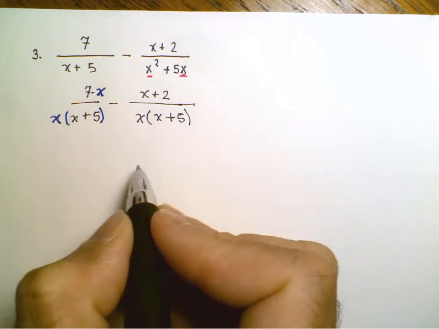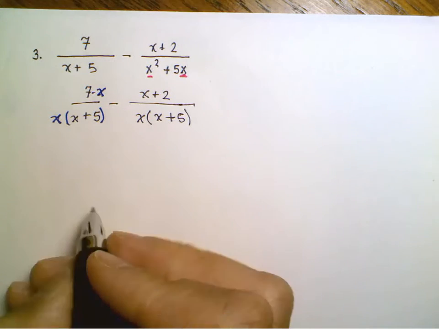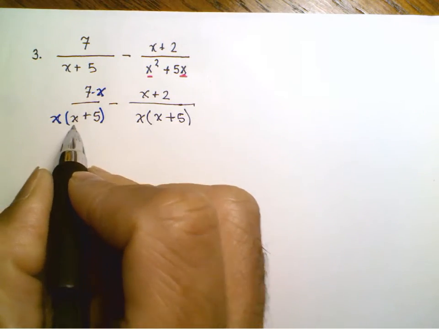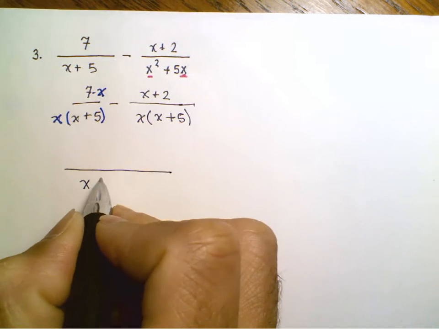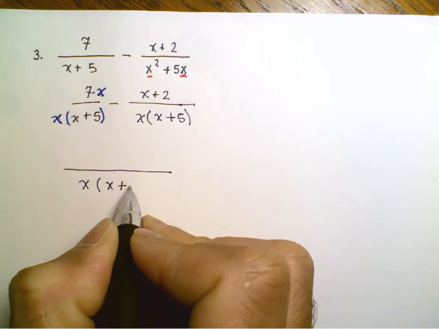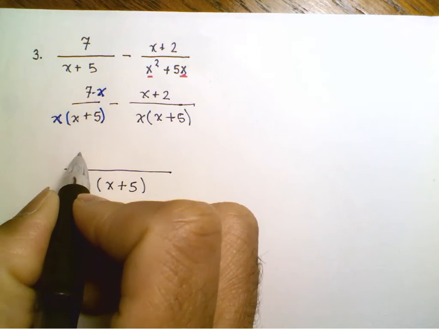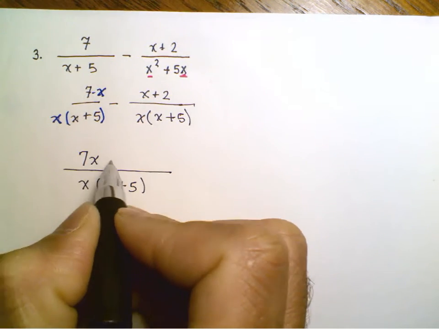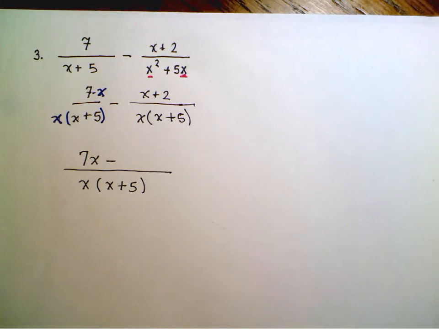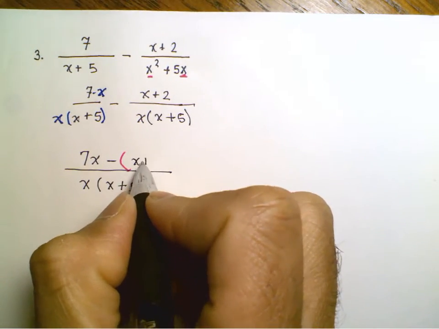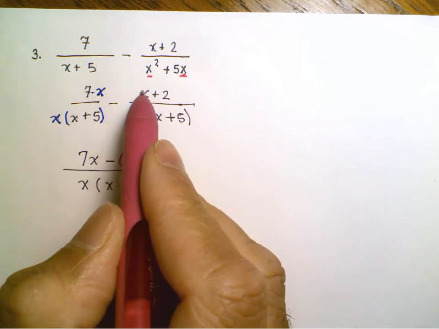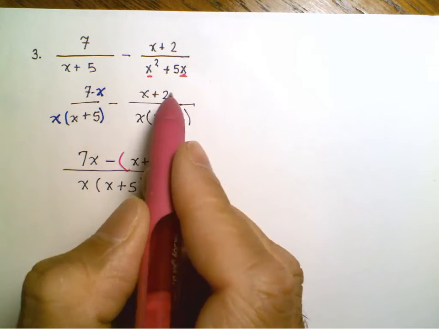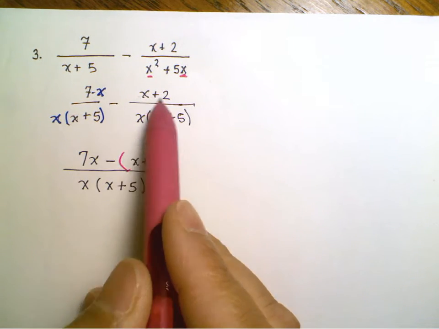So what I'm going to do now is subtract. The denominators are the same now. So in this case, I'm going to have x plus 5. Then I have 7x minus, and I'm going to put in parentheses x plus 2, because this negative is going to change the signs inside the parentheses. I have minus x plus 2, this expression.